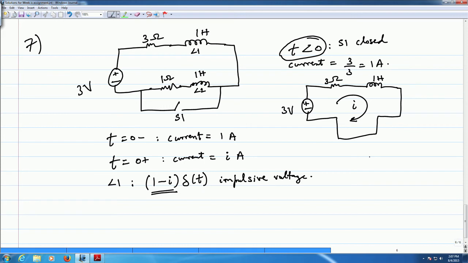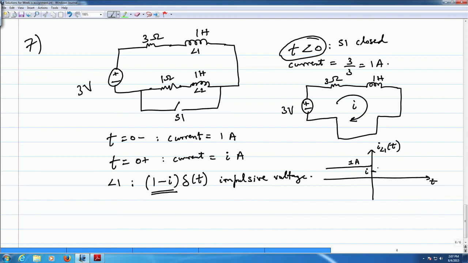Okay, so, let us look at the current through the inductor L1, IL1 of t, and for t less than 0, it is allowed to reach steady state at 1 ampere, which is what I showed here. And let us say at t equal to 0 plus, the current is I. Okay, it starts somewhere around here, I.